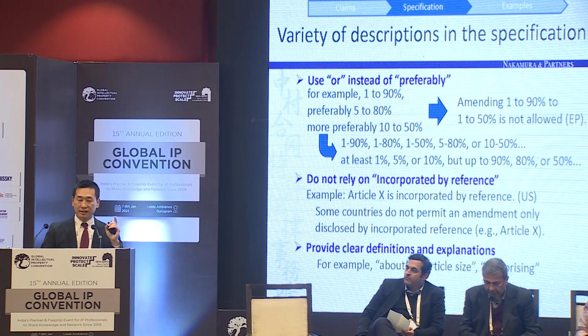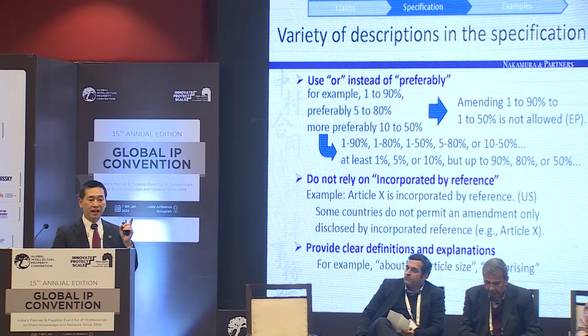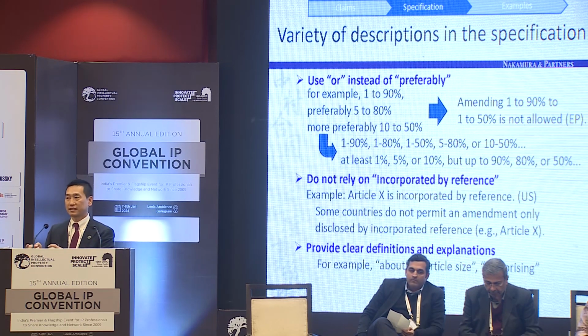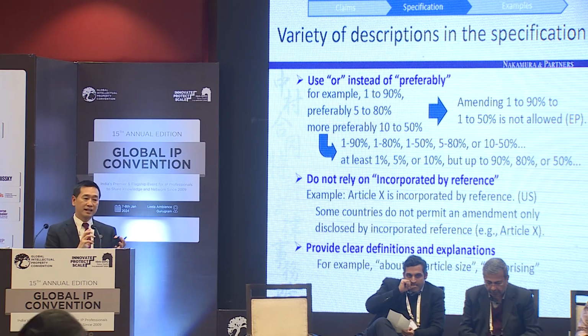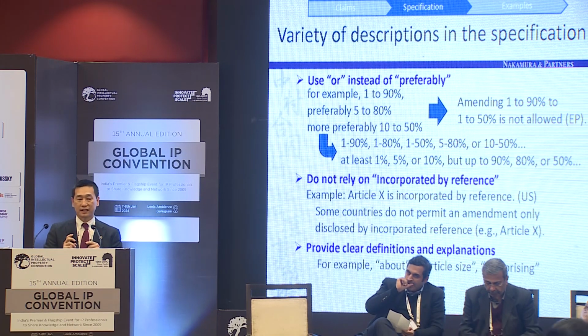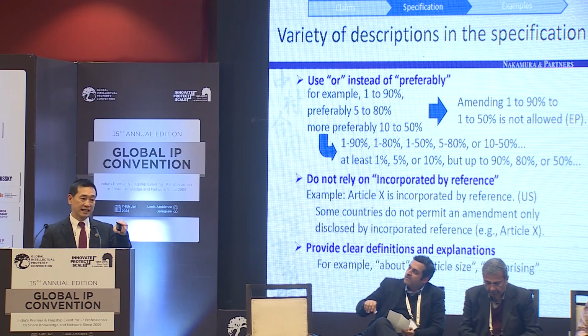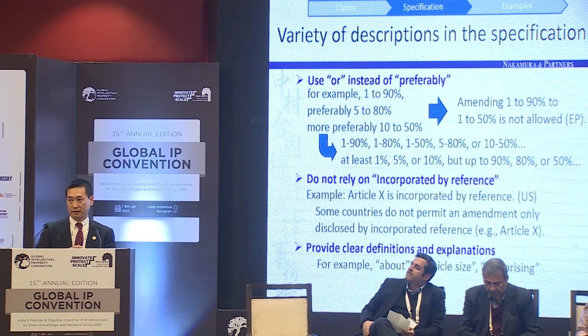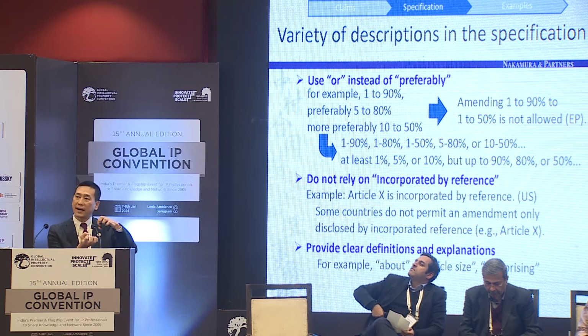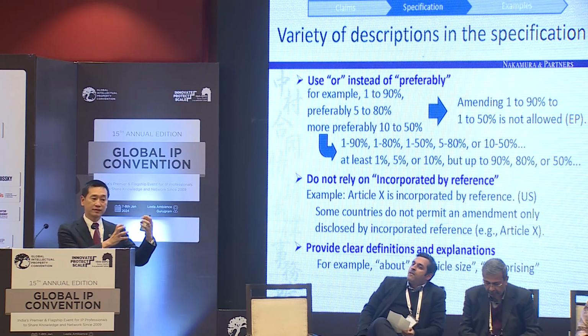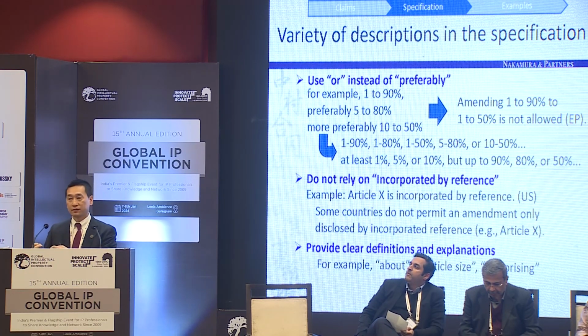But there is a problem in Europe. If you have 1 to 90% in the specification, you cannot amend to 1 to 50% because 50% is in the more preferable part. You cannot combine those, for example 1% with the 50% from the more preferable range.